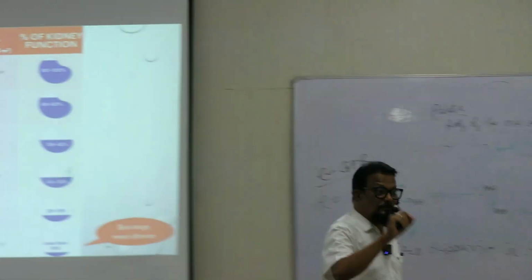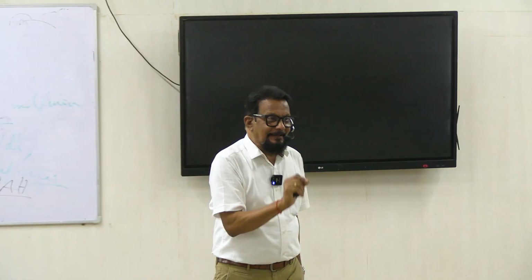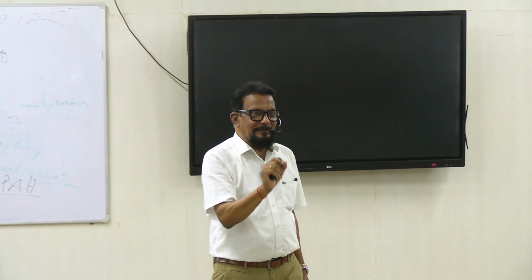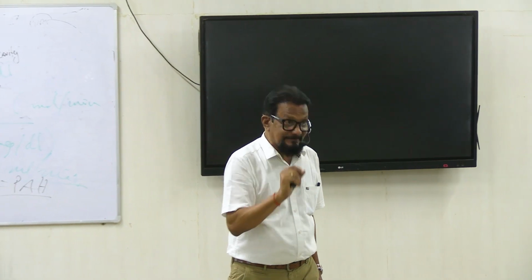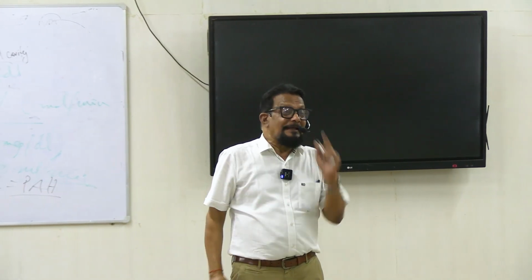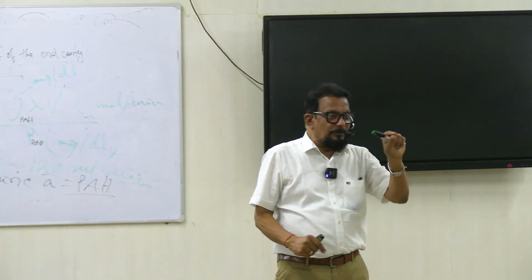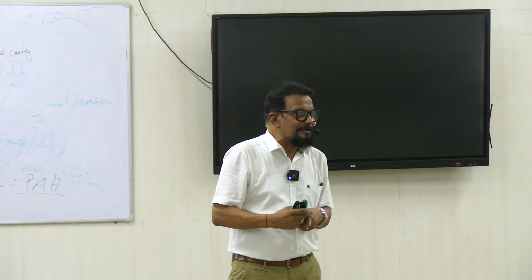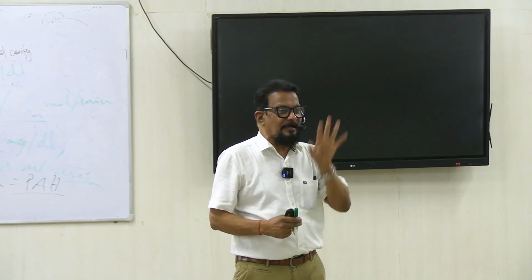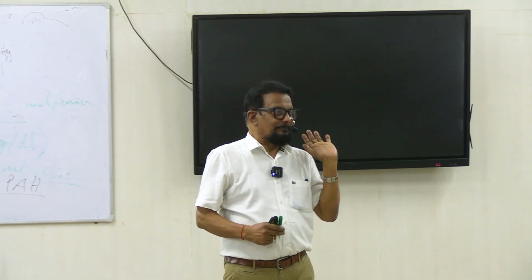See, though it is normal, we are telling the patient, this normal person is suffering from stage 1 disease. Why? His 10% glomeruli, 10% nephrons are not working. Under normal condition, 10% of nephrons are not working. Only 90% is working.